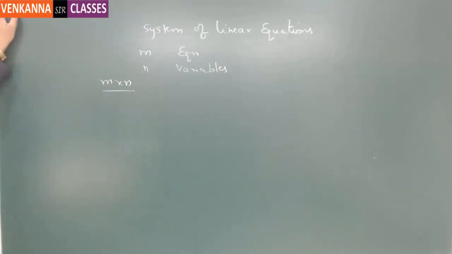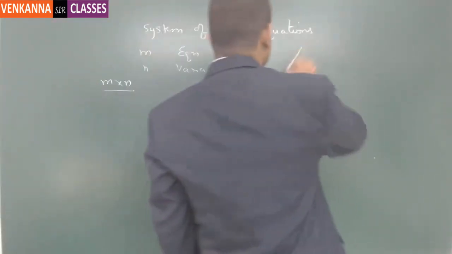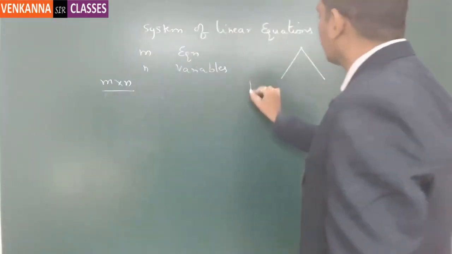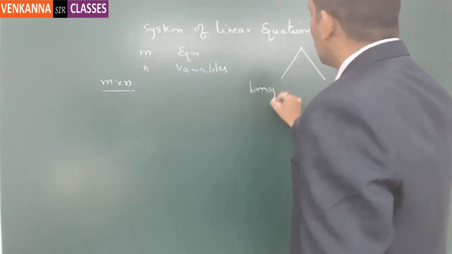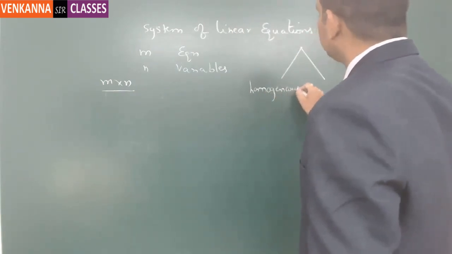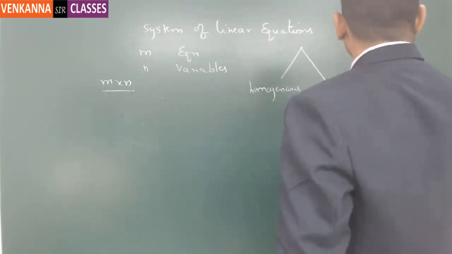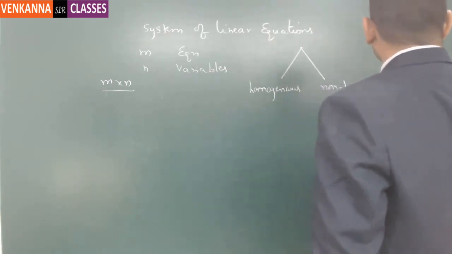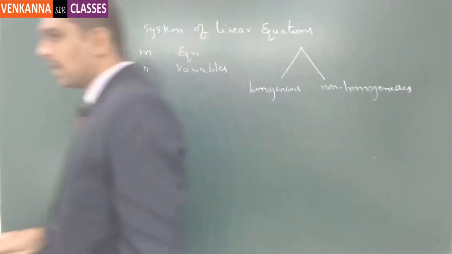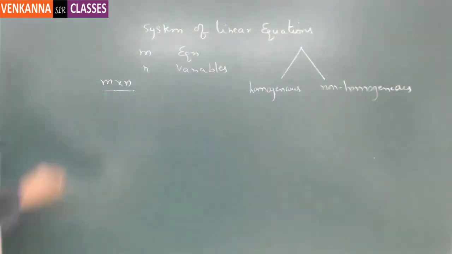The main part of system of equations will be classified into two types: homogeneous system and non-homogeneous system. Let us take a small example which is already known to you.